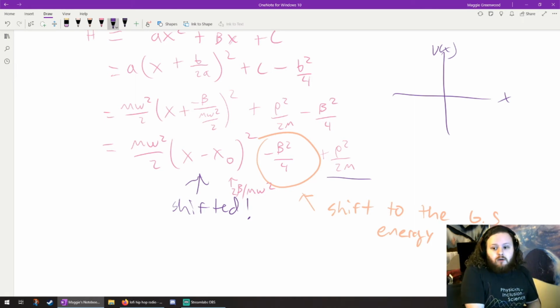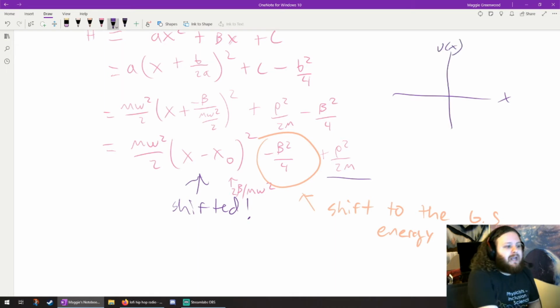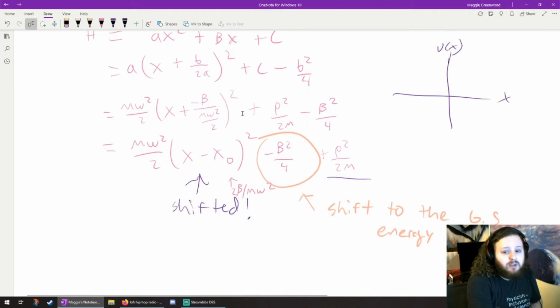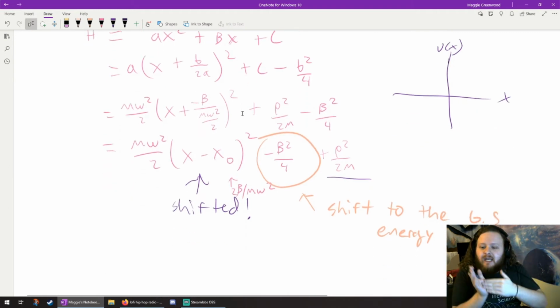This new V of X that I've been given, what's that thing going to look like? Well, I can look at it from back up here and see that m omega squared x squared minus beta x is a parabola that has been kind of shifted in a linear way.